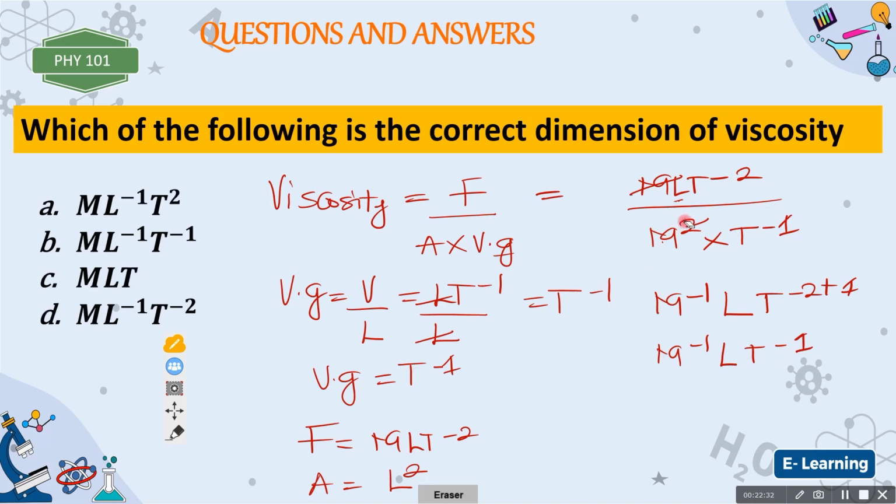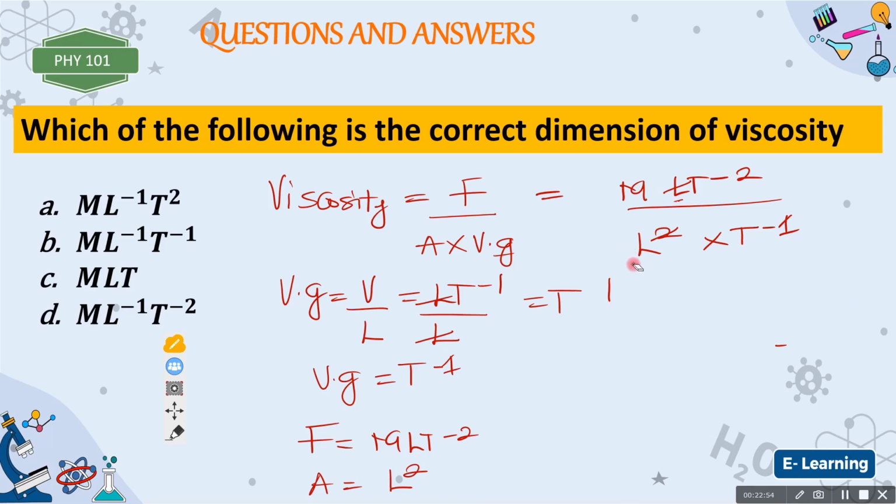Oh, sorry. Now I see where the error is coming from. The dimension for area is L squared, so it's supposed to be this L cancelling one of the L's here, and then you are going to have M. L becomes L minus 1.